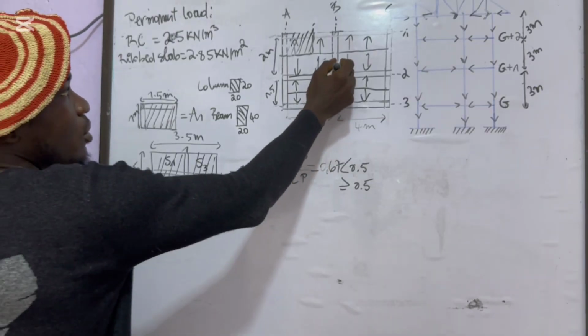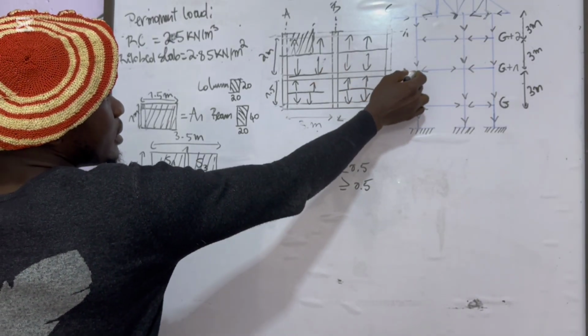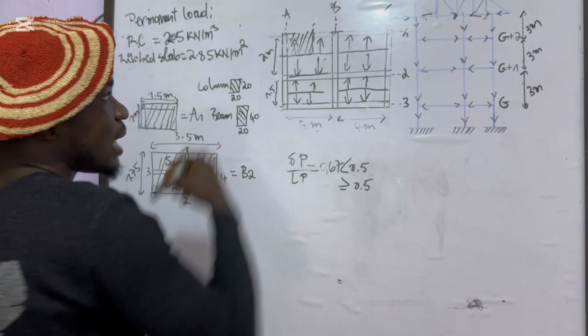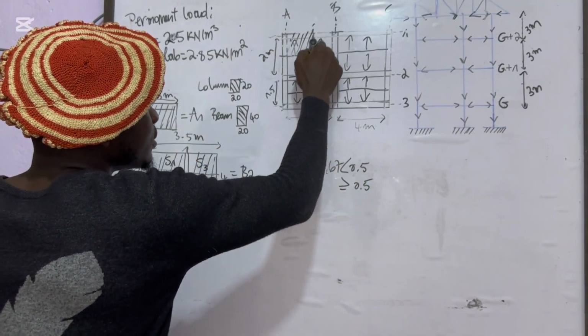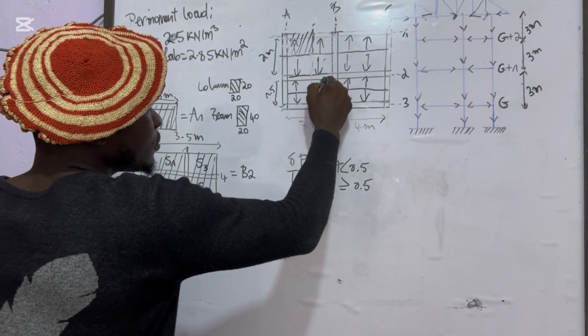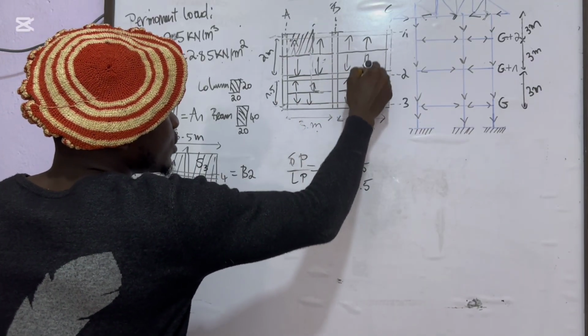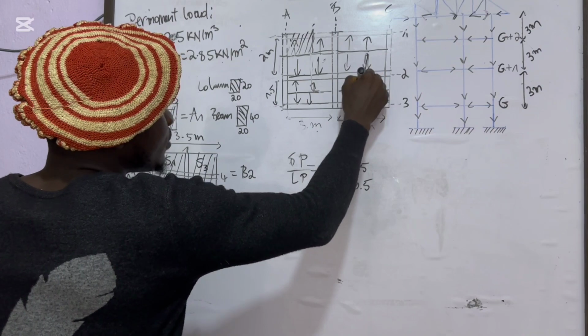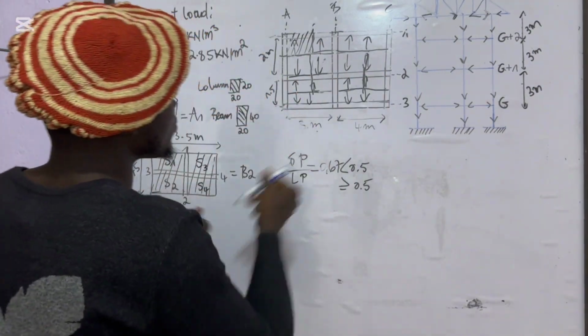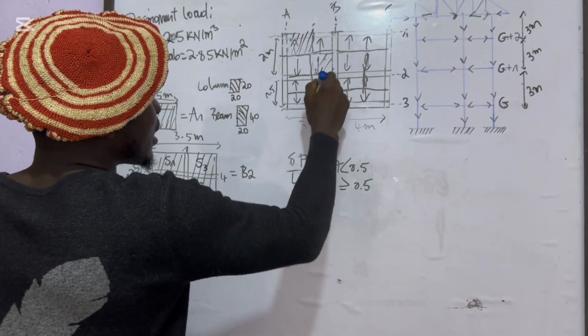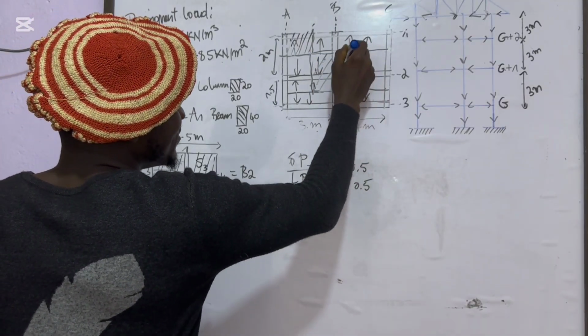If we look at column B2, at the intersection between axis 2 and axis B, you can easily section it this way. You can see that this will be the influence area of column B2. Let me try to put a blue marker there, though it's no more blue.